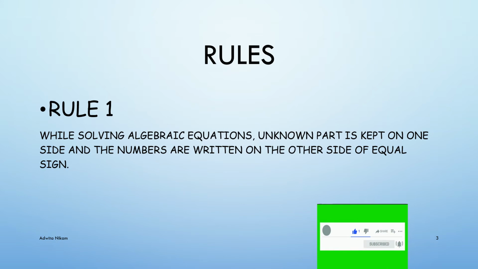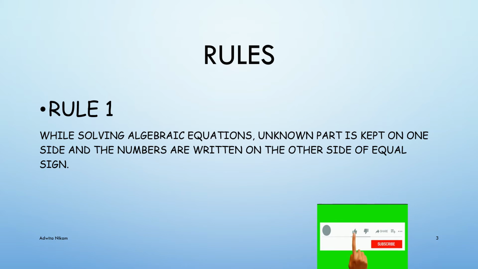The unknown part means a letter, and the numbers are written on the other side of the equal sign. So we first do what we know, meaning we don't look at the unknown part. We first see the part which we know and then do the operations with that part, and then we find the unknown part. Okay, so I hope you understood rule number 1.